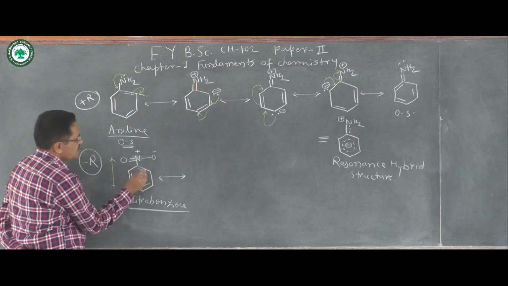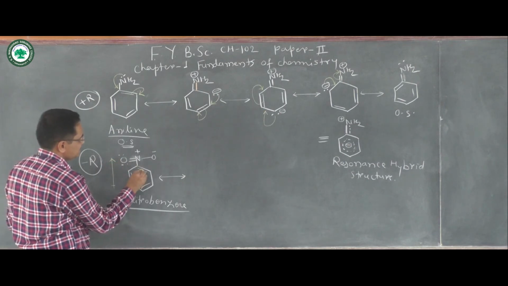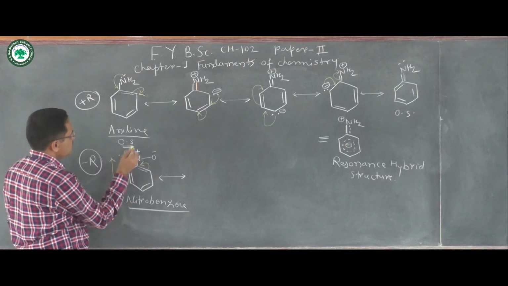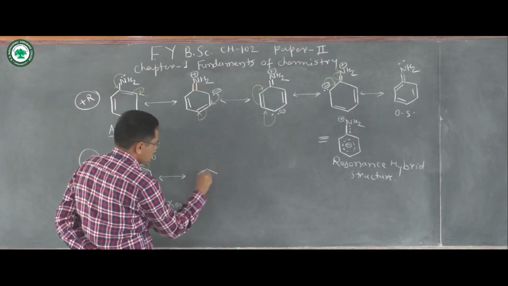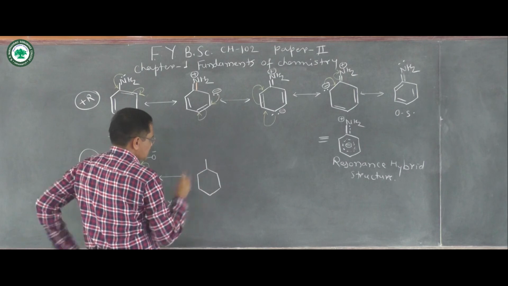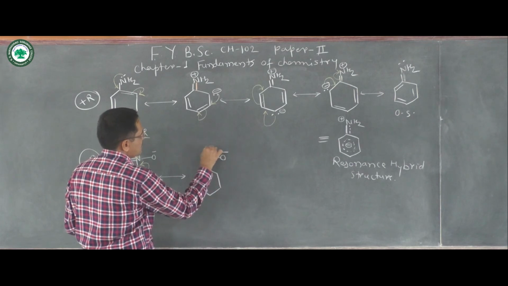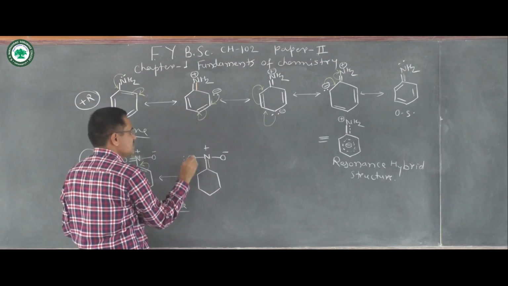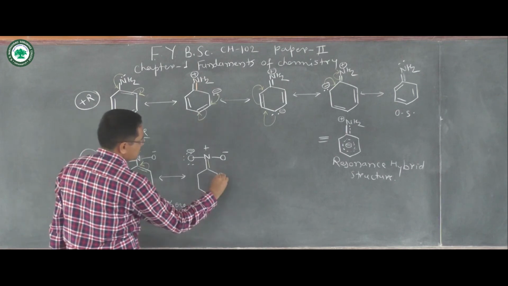Okay, now we will see resonating structures. You know very well this oxygen carries 2 lone pairs. Here new pi bond, and this oxygen now carries 3 lone pairs.